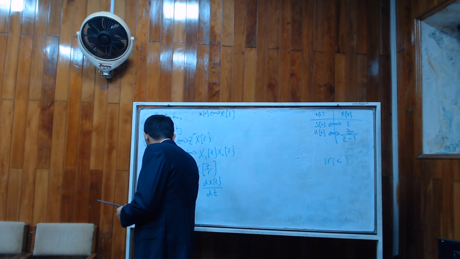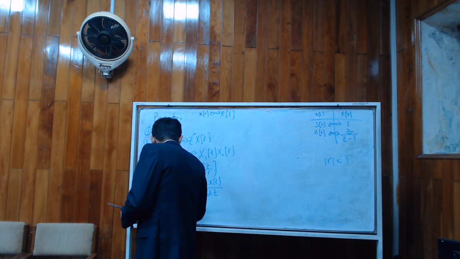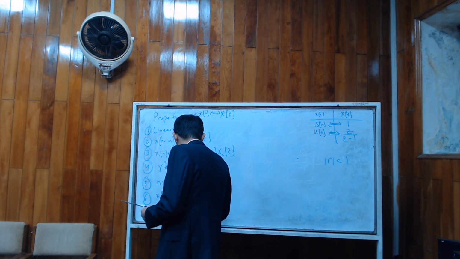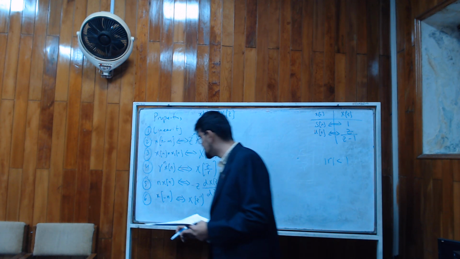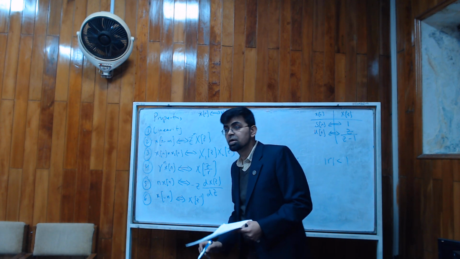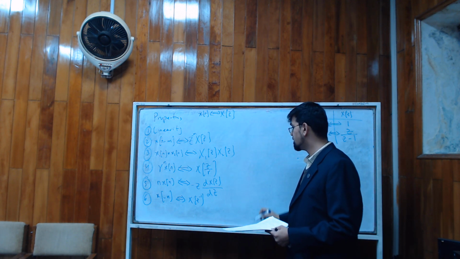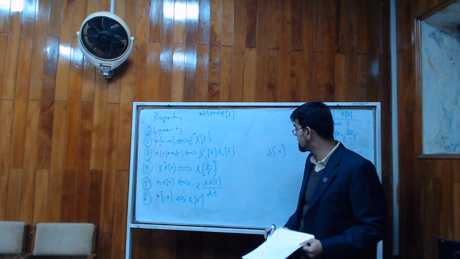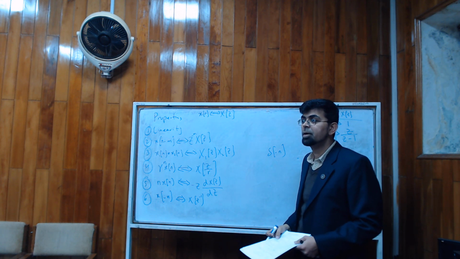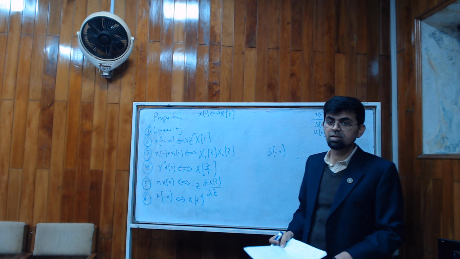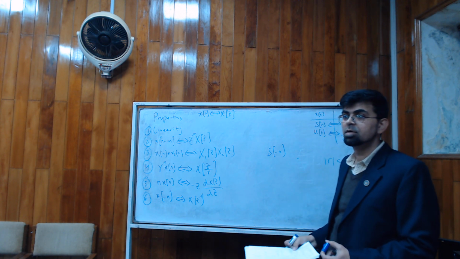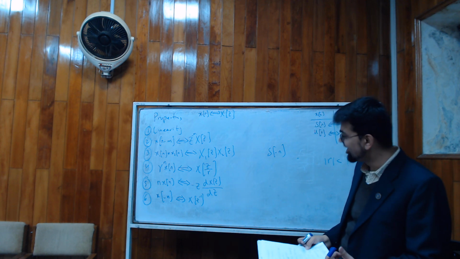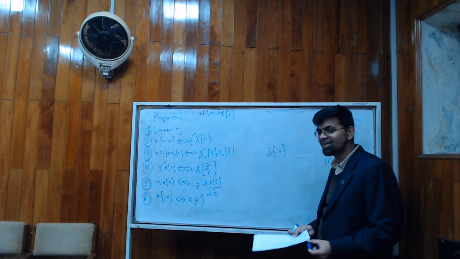So there is time reversal. If you flip it in time, z is replaced by z inverse. Okay, a very quick trick question. What is the Z transform of delta of minus n? Quick thinkers. Right, so what is it?